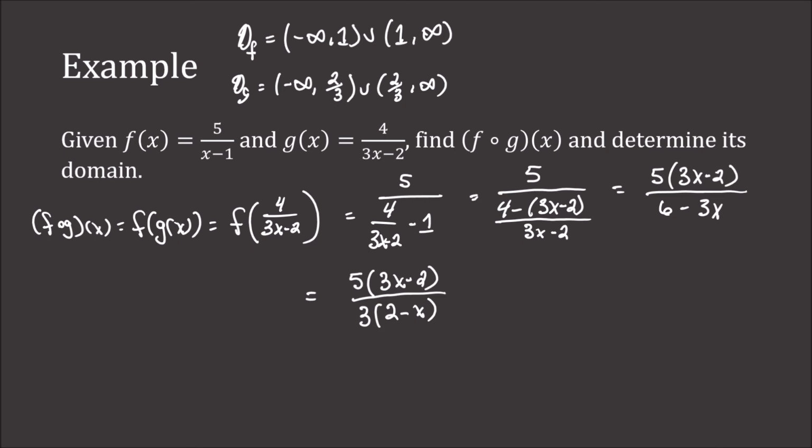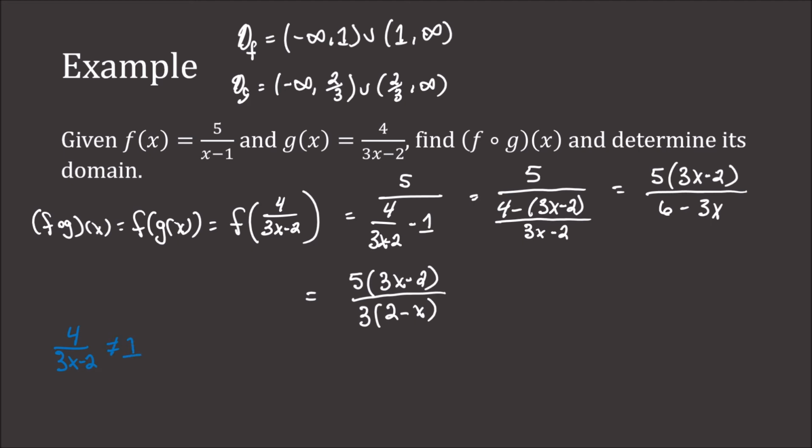Now we need the domain. So the domain is everything in the domain of g that puts g of x in the domain of f. Basically, we want to take the elements of the domain of g and take out anything that makes g of x equal to 1, because you can't have 1 in the domain of f. So we want to solve 4 over 3x minus 2 equals 1.